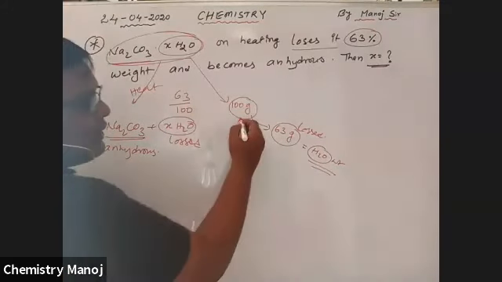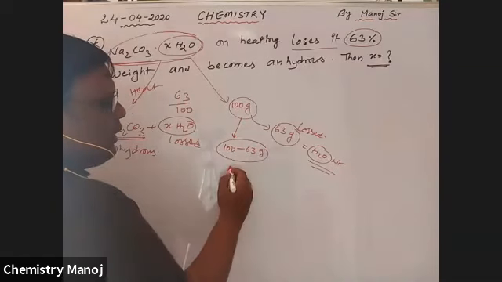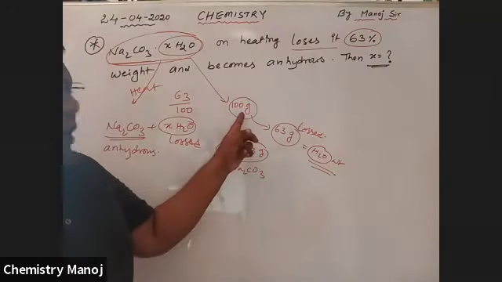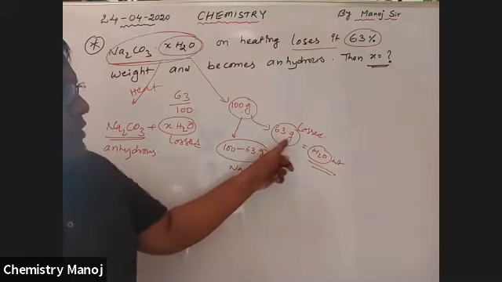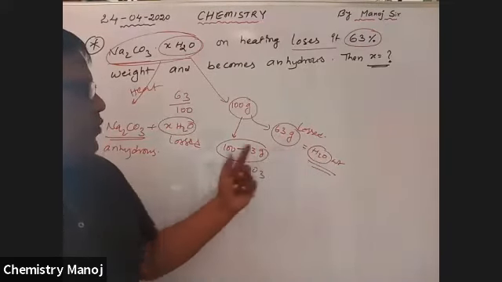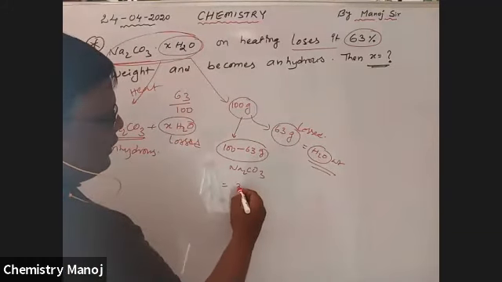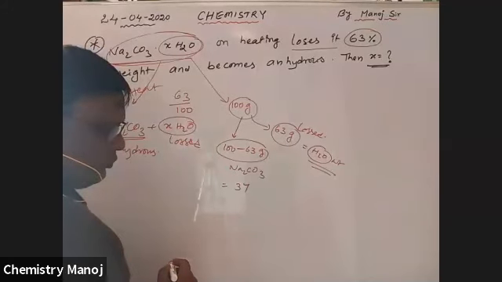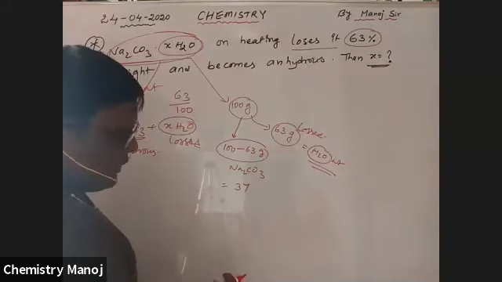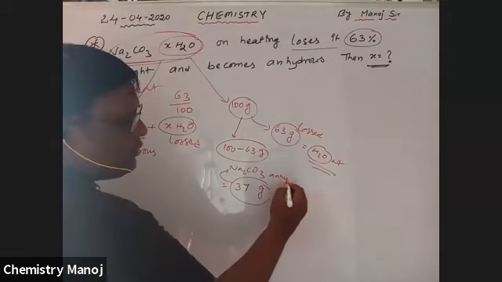That means this 100 grams contains 100 minus 63 grams of Na2CO3. So 63 grams is water, and 100 minus 63 is 37. So 37 grams of Na2CO3, which is anhydrous.